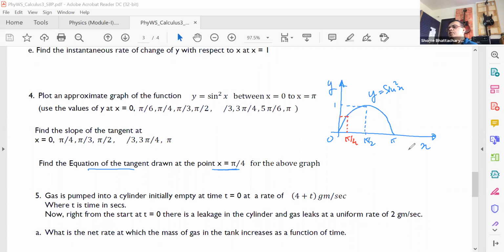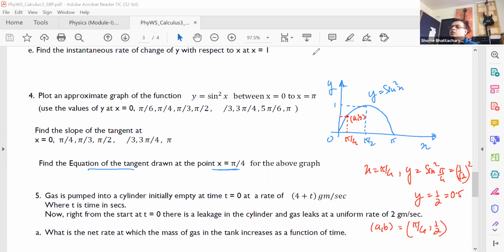What is the value of y at this point? At x equal to pi by 4, y is equal to sine square pi by 4, so that is half or 0.5. So this point, let's say the coordinates are a comma b, those coordinates are pi by 4 comma 1 by 2. That is that point. Now we have to find the equation of this line, which is the tangent at that point.